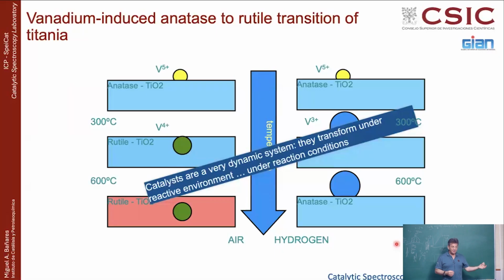Long before we were doing operando, we already saw that the catalysts are very dynamic. They change. Many things change during reaction. It's not the same heating in air, heating in hydrogen, and heating in reaction. In air, you will heat and the catalyst will be kind of getting hot, but that's all. You heat in hydrogen, the catalyst will be reduced. And okay, something happened.